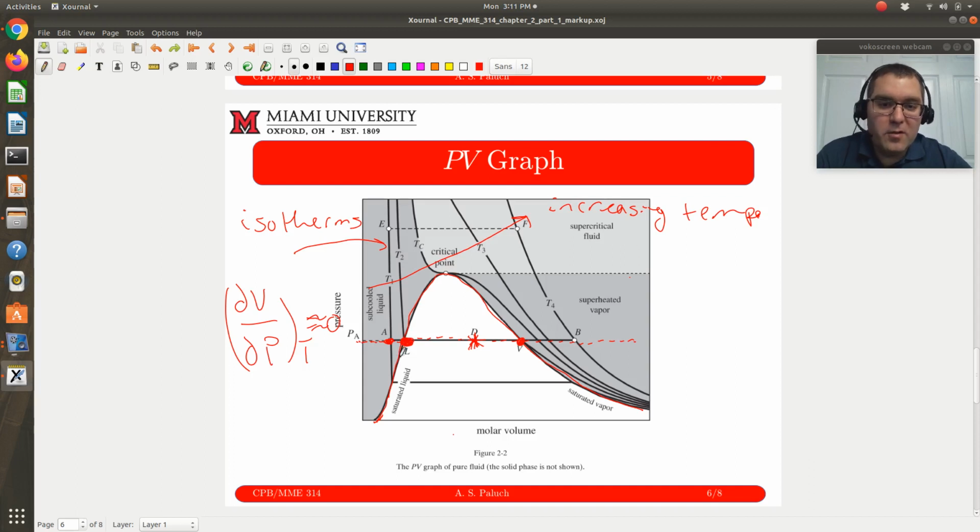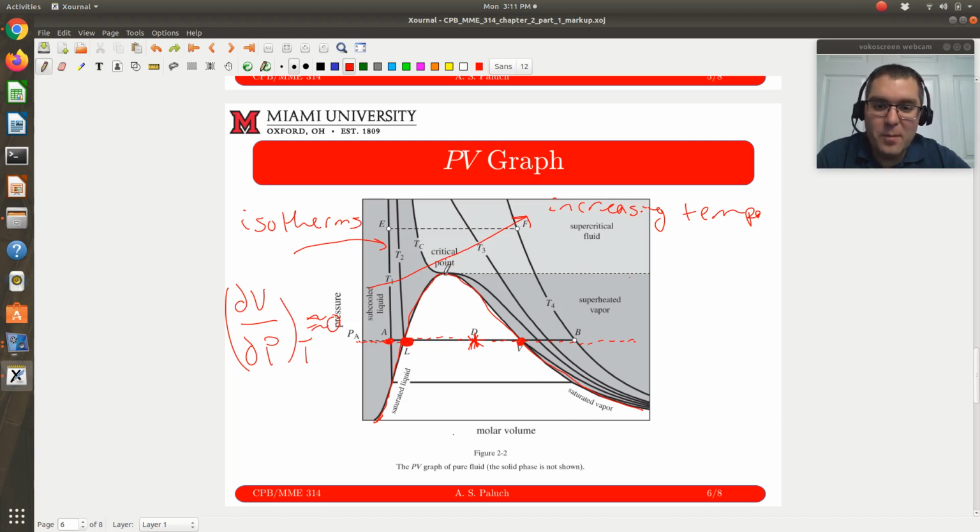Now in terms of identifying, temperature is increasing as I go from T1 to T4. Here is my saturated liquid. Here is my saturated vapor. My two lobes meet up at a point at the top of my dome, where my saturated liquid lobe and saturated vapor lobe meet.